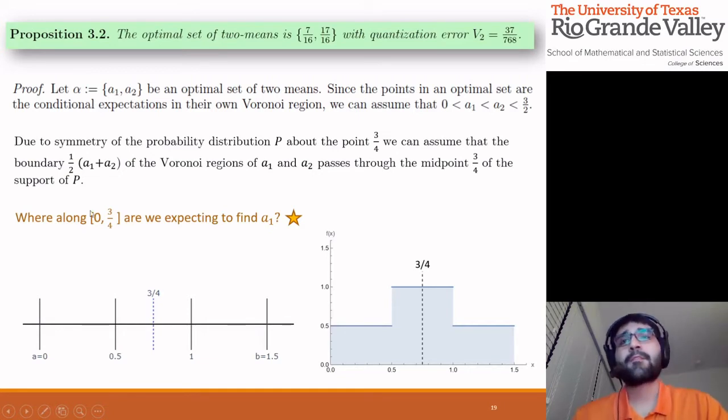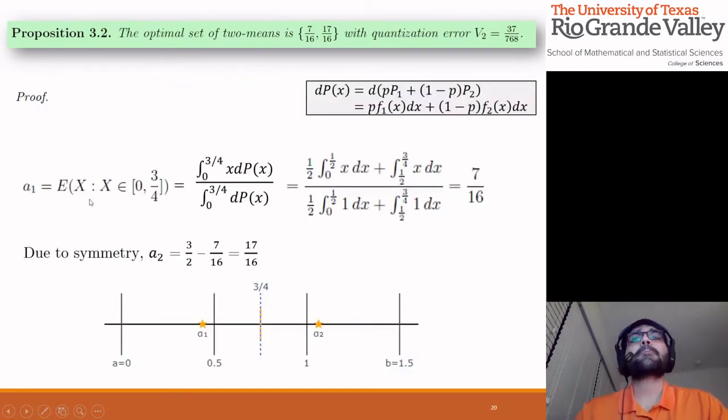So we expect to have one quantizer on the left side and one on the right side of 3/4. Okay, so where along 0 to 3/4 are we expecting to find A1? We take the conditional expectation of x such that x belongs to the interval 0 to 3/4.